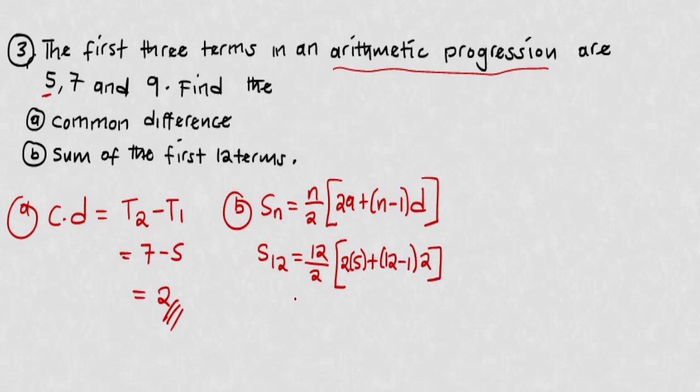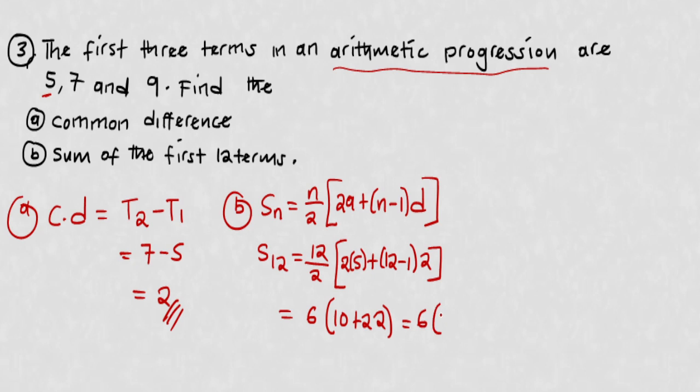So when you simplify that, what are we getting? 2 into 12, that is 6. Then 2 times 5, that is 10. 12 minus 1, that is 11. 11 times 2, that is 22. So this will be equal to 6, open brackets, 10 plus 22, what is that? 32.